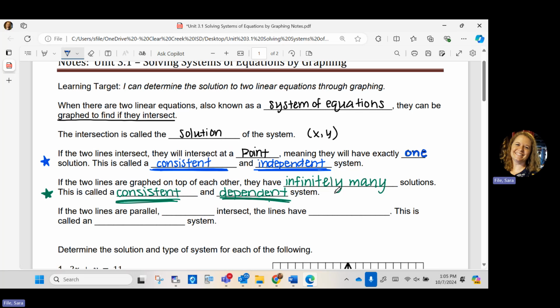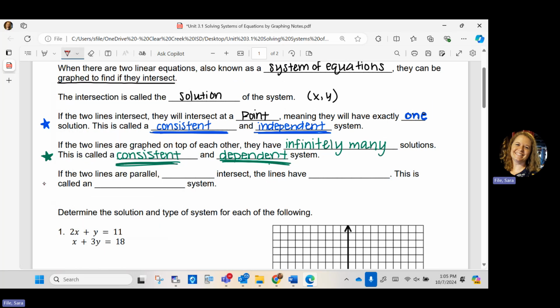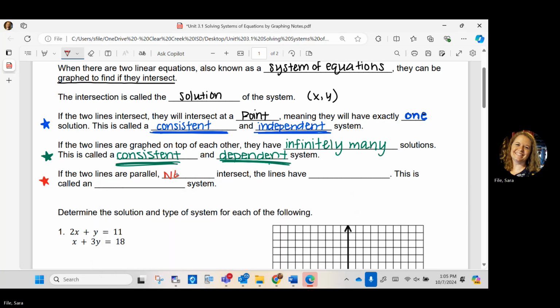I'm going to give you a visual of what the difference looks like here in just a second. The last type of system is when you have the two lines and they're parallel, which means they never intersect. We learned this back in Unit 2 that we just tested on last week. If lines are parallel, they will never intersect. They have the same slope. So that means that these have no solution.